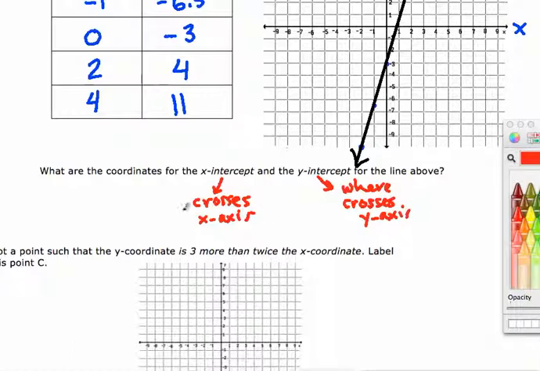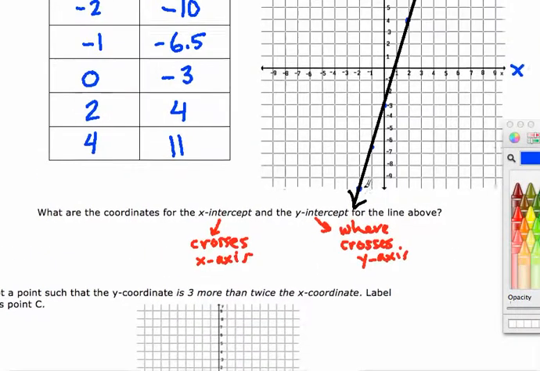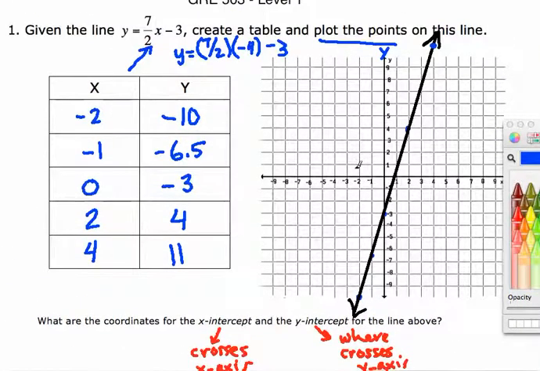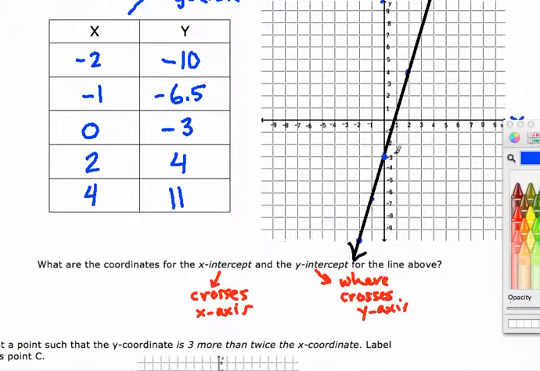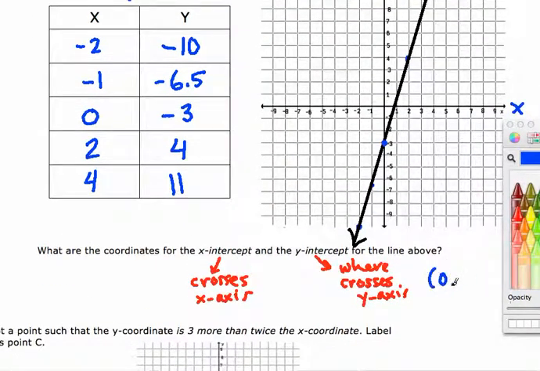So if we look back up at our graph, it's more apparent where it crosses the y-axis because that was one of the points that we plotted right here. So it crosses the y-axis, and I want you to put this as a point at 0, -3. So that's our y-intercept.